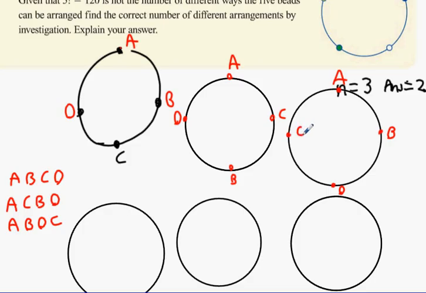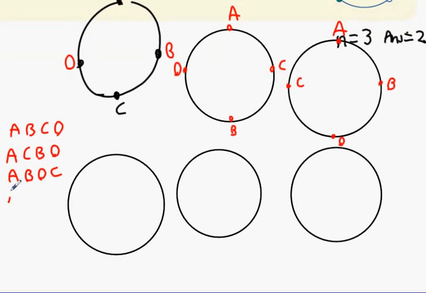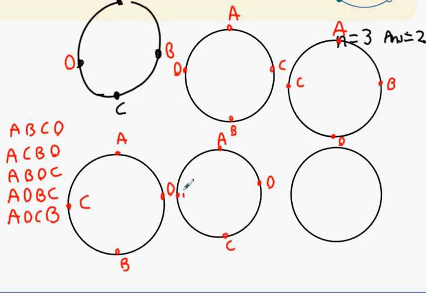A, D, B, C. So A to D to B to C. Any other combinations? A, D, C, B. Yeah. So A to D to C to B. Is that alright?